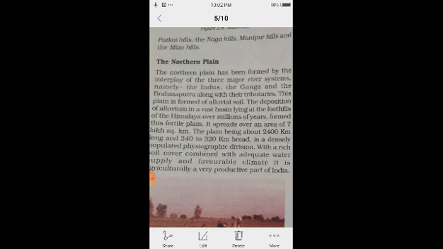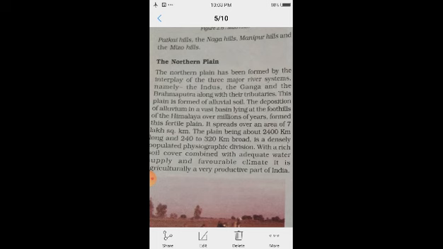This Northern Plain spreads over an area of 7 lakh square kilometer, which means it is a very vast area. The plain is about 2400 kilometer long.